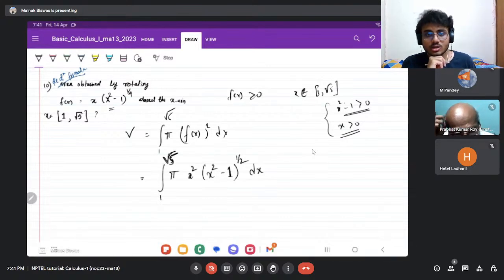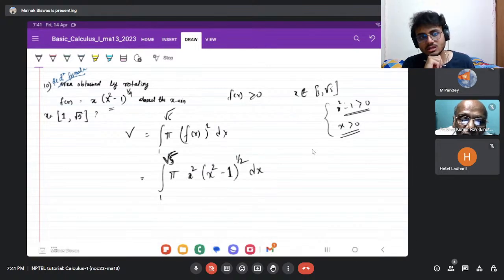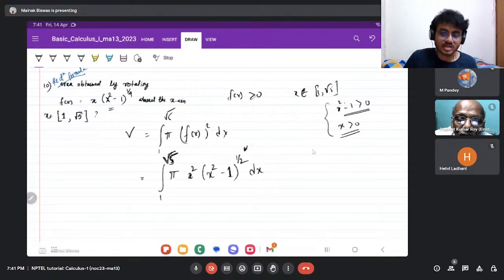So do you know what to do in this type of equations when you have a product of polynomials and this sort of thing? This should ring some bells, because with x square minus 1, if you substitute x as something, then ideally you should be able to remove this root. The idea is to remove the root altogether.